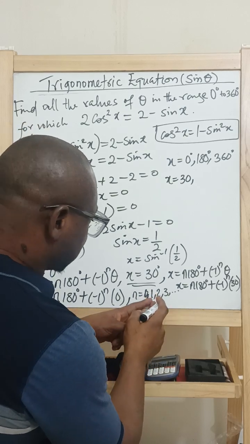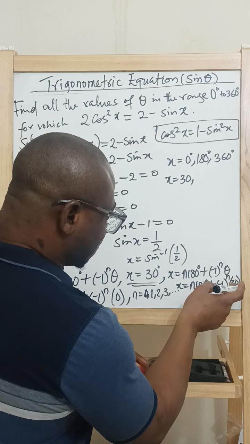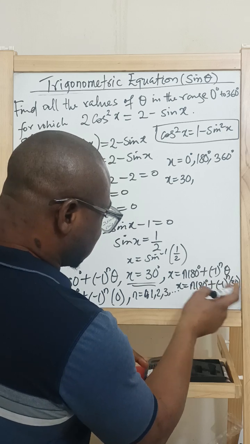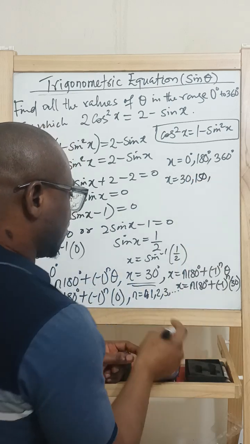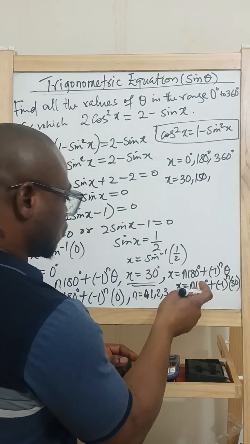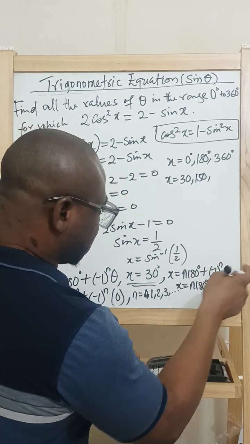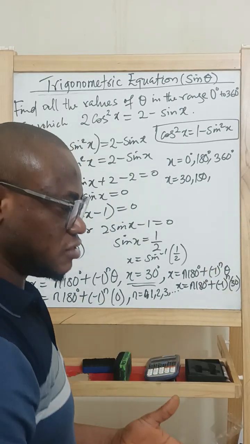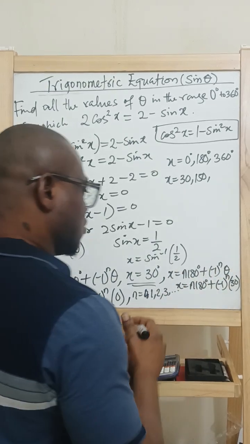When n is 1, this is 180, and this is minus 1 times 30, that is minus 30. So 180 minus 30 is 150. When n is 2, this is 360, and 360 plus 30 is more than 360, so we leave that one.